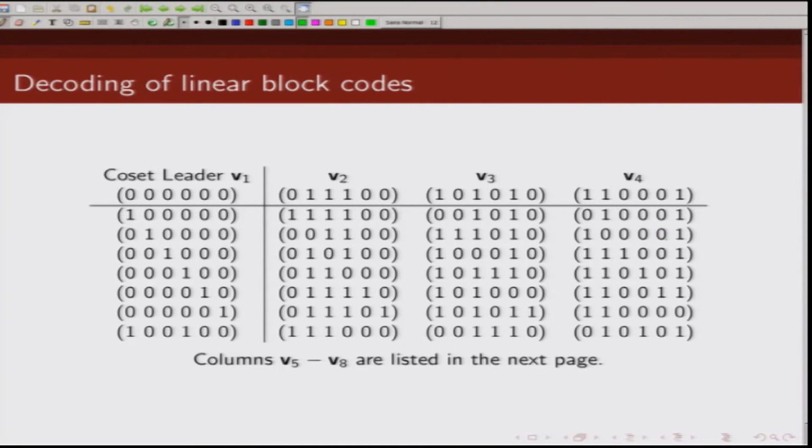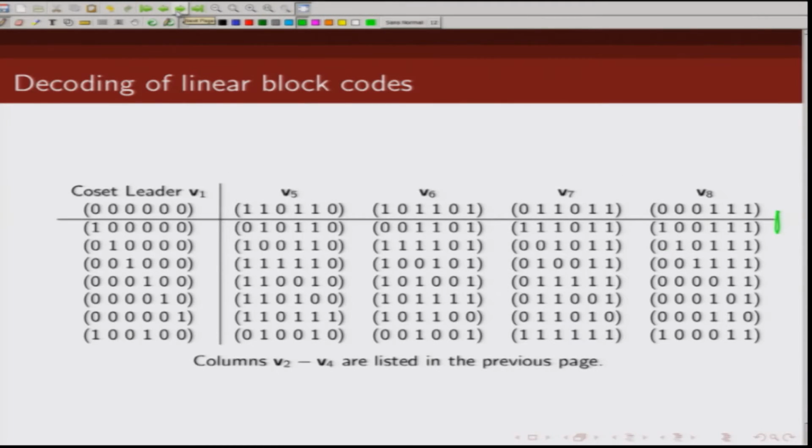How? I add this vector to this V2, put it here, add this vector to this, put it here, add this vector to this, put it here, add this vector to this, put it here, add this vector to this. You can just verify one such entry.